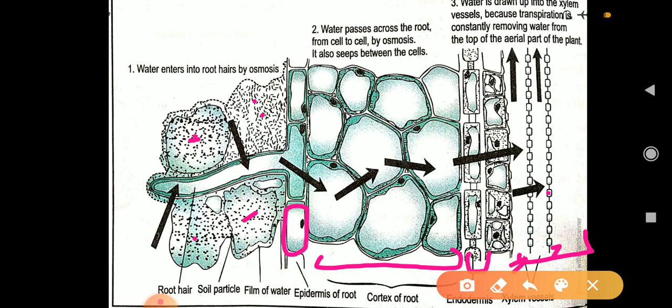Actually, root hair is the outgrowth of an epidermal cell. It is a very fine hair-like structure. Then the water enters into the root by the process of osmosis. By osmosis, it enters into the root hair. Then water passes across the root from cell to cell by osmosis.